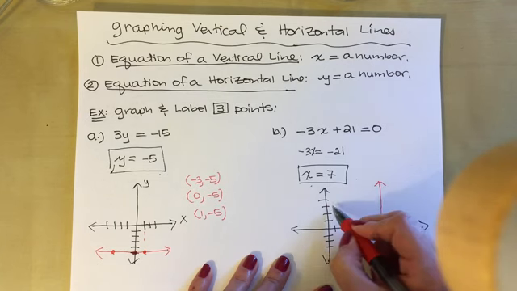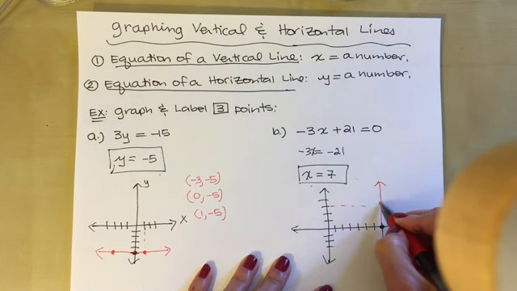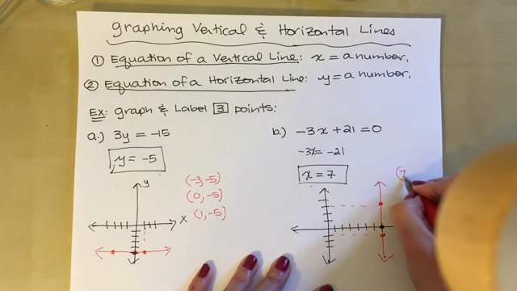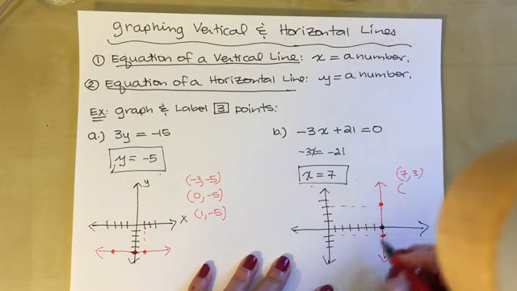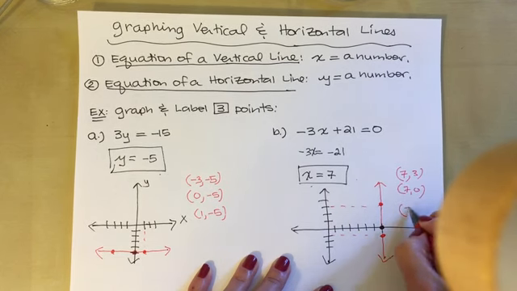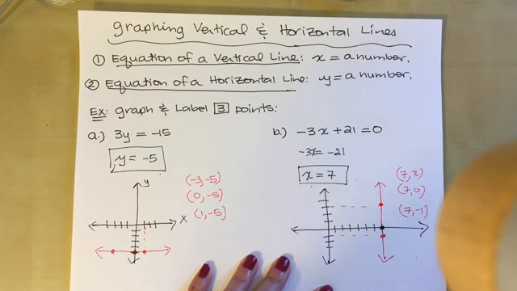And I need 3 points, so I just randomly pick, for example, this point, and I can choose this point and write the ordered pairs. So we have 7, 3. That's 7, 0. 7, -1. Notice 7 will always be the x value in this case, and the y value differs.